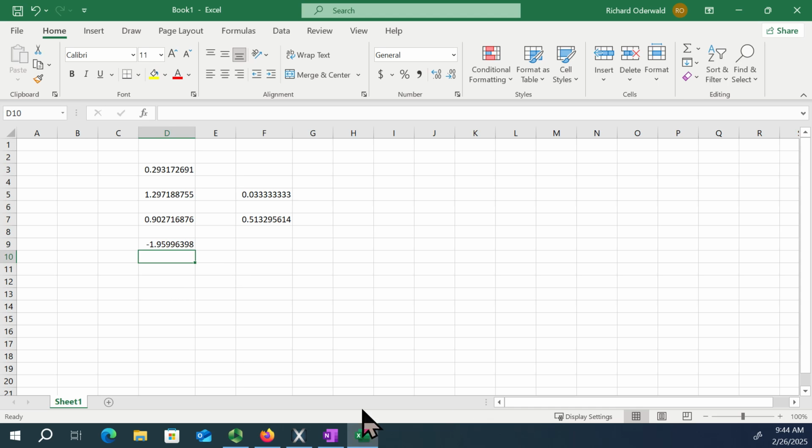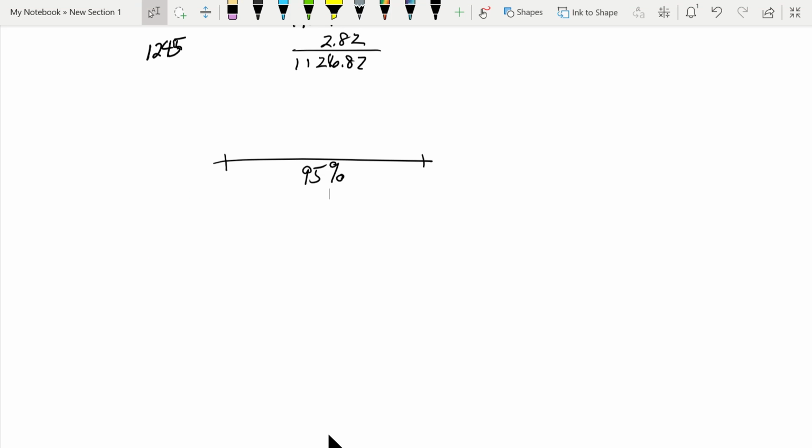What's the next one? 68% in the middle, but I can't look up 68 in the middle. I have to look up from minus infinity up to something. What percent of the distribution is to the left of it?